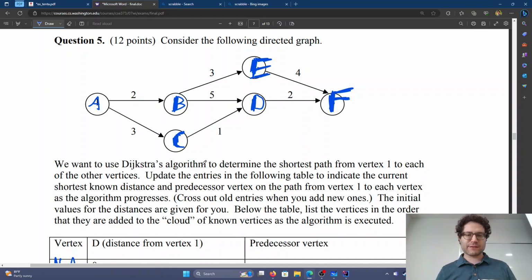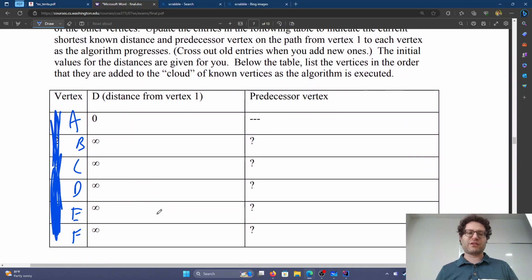Update the entries in the following table to indicate the current shortest node distance and the predecessor. So that's how it figures it out. It keeps track of your distance and it keeps track of your predecessor. The distance is the distance from A to that vertex. And the predecessor is the node that is the beginning of the edge you just came from.